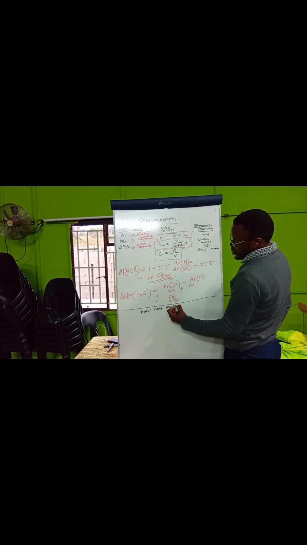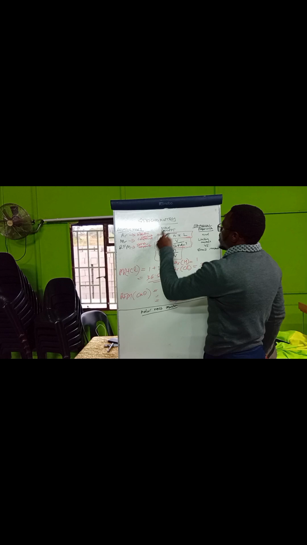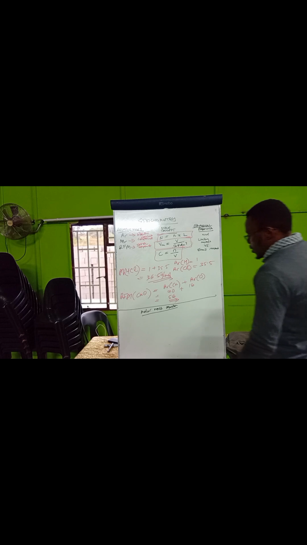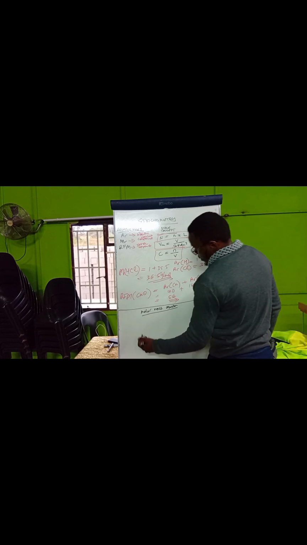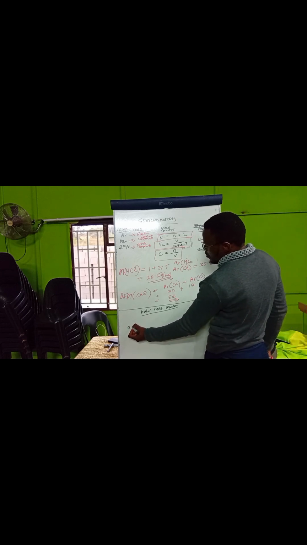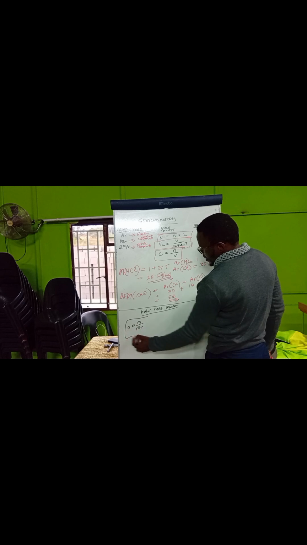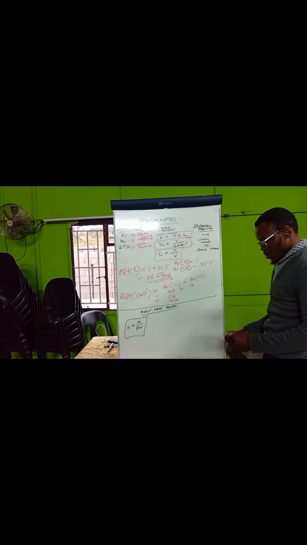I'm also going to show how it relates to the number of particles or the number of molecules. So the molar mass formula says the number of moles will be equivalent to the mass divided by the molar mass. So this formula is very important to remember.